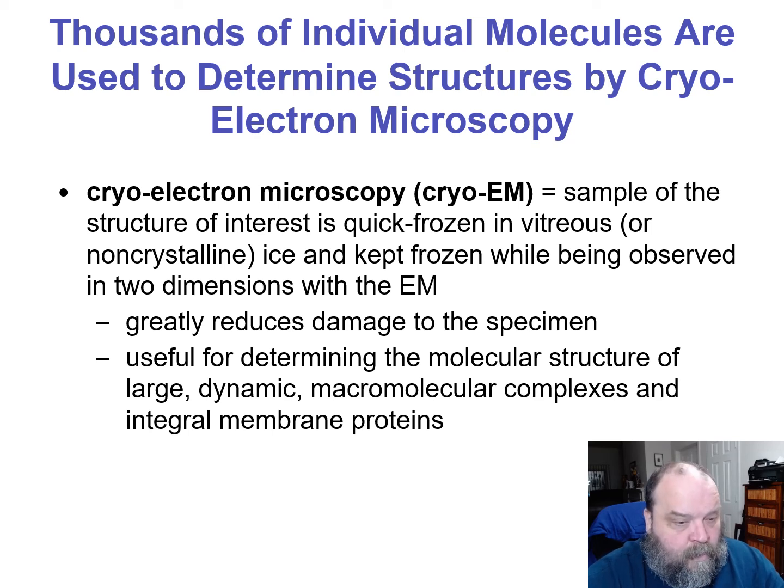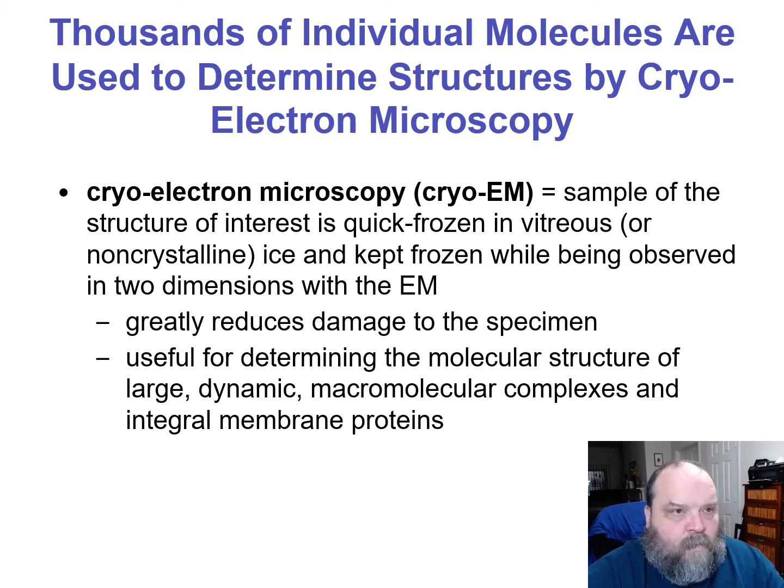So you want some vitreous, very cold, holds everything in place. The ice is such that it's not going to have large crystals, cracks and things, bubbles and whatnot. So it's very purified water and things that are added to it to give it this specific quality.